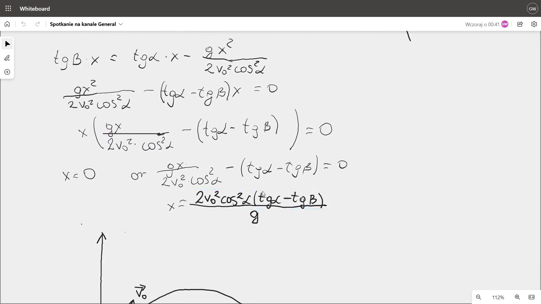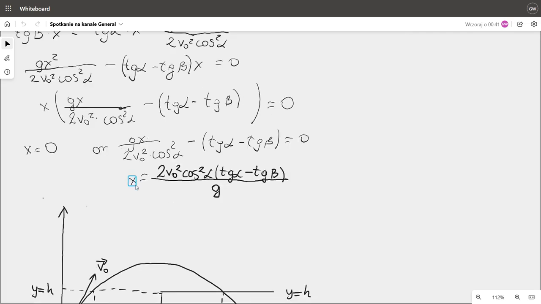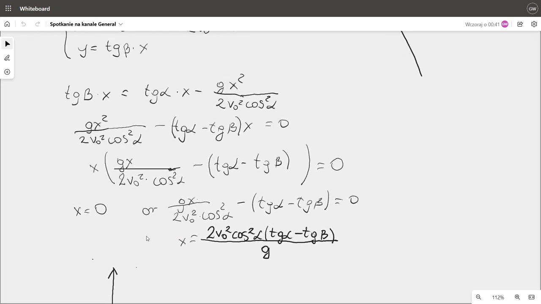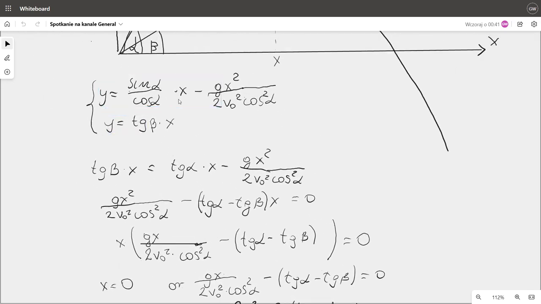The left side is equal to 0 if x equals 0. This is the place from which we throw our body. The second solution was what we were looking for. If we put this value to the first or to the second equation, we can calculate the value of y.